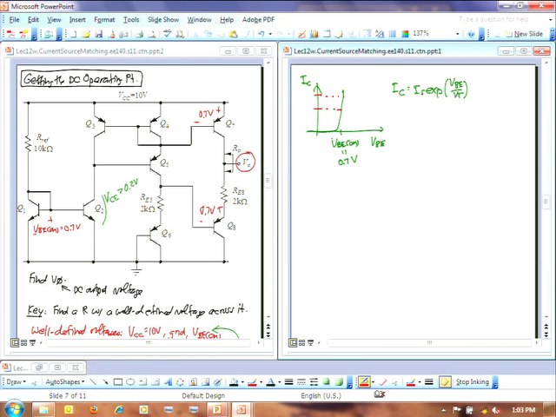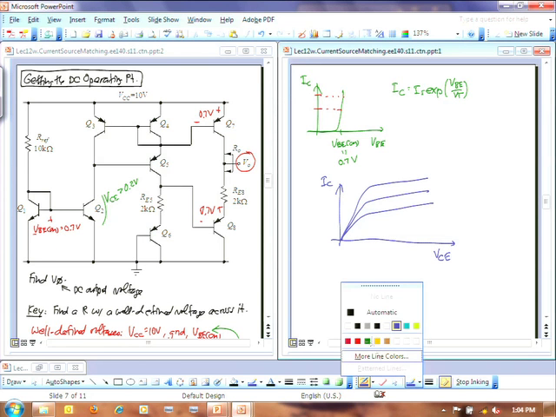Now, why is it we can't say VCE is a well-defined voltage? Well, I can do the same kind of thing. I can plot the collector current versus VCE. This is a plot you know how to make, and it looks like this. Suppose I've biased it to this, and I wanted a specific current right there.